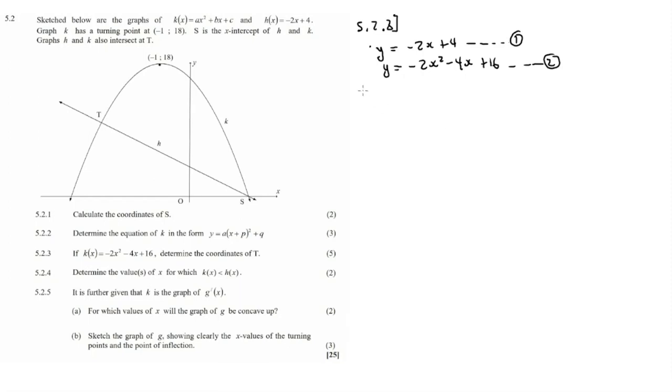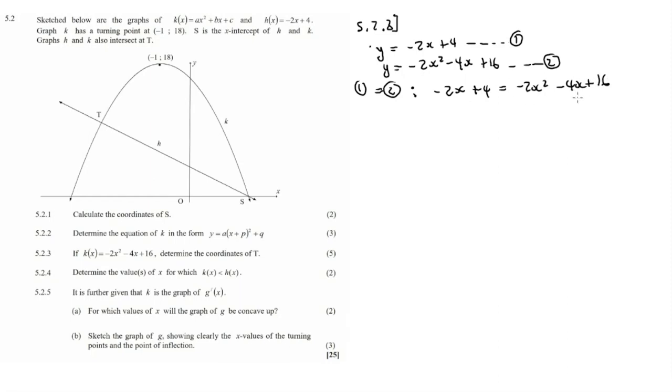Let's solve simultaneously. Equation 1 is equal to equation 2 because y is equal to this, y is equal to that. So minus 2x plus 4 is equal to minus 2x squared minus 4x plus 16.